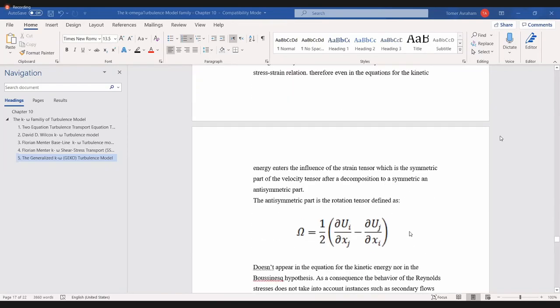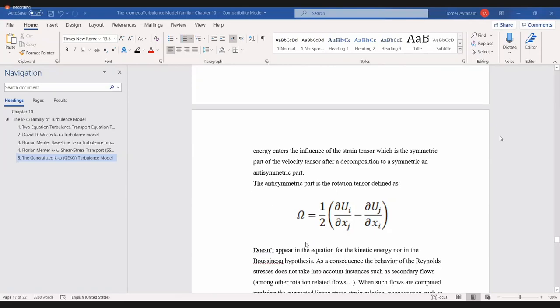Here you saw what I said before. If you just cover this thing here and put the mu, I mean, this is the antisymmetric part of the velocity gradient tensor. So that's the rotation.